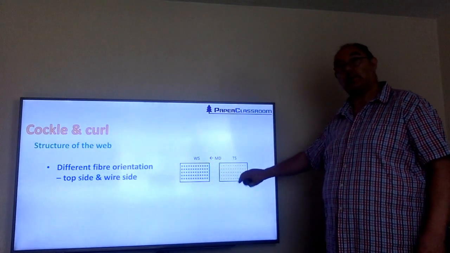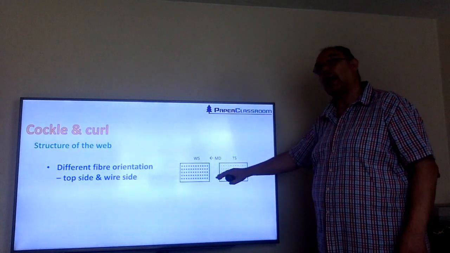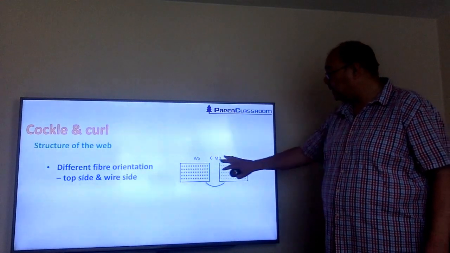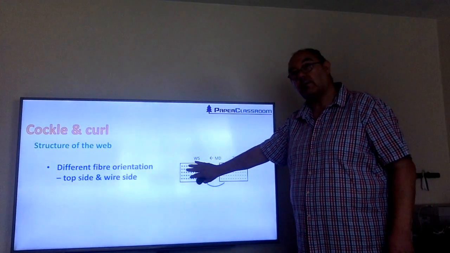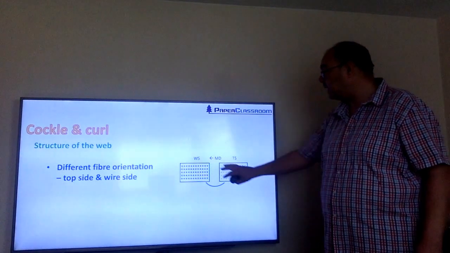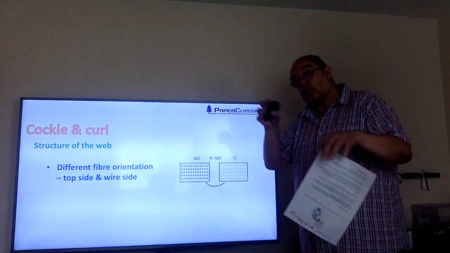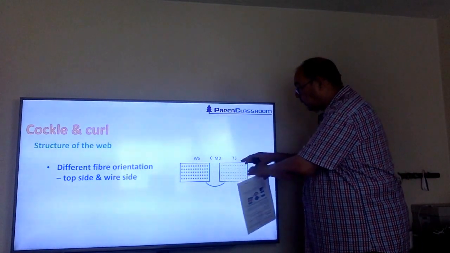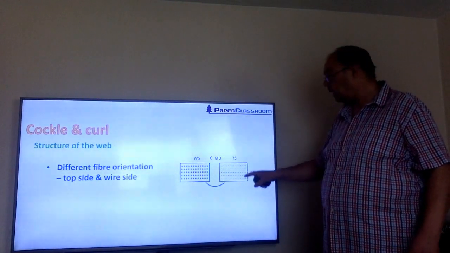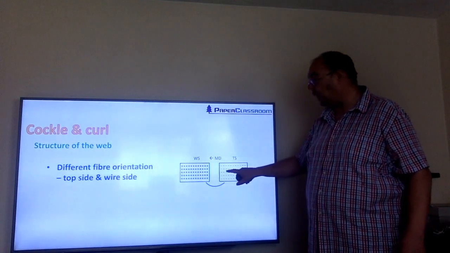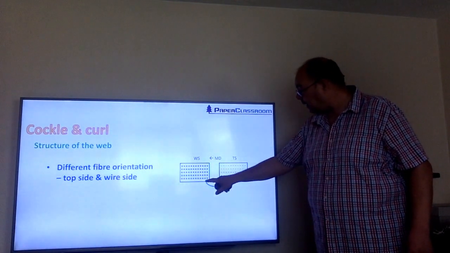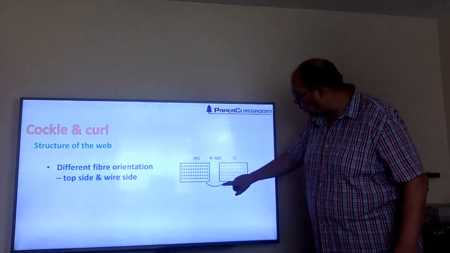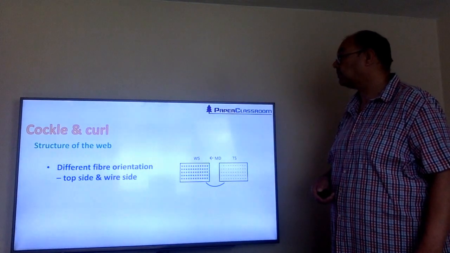On the top side of the sheet, just imagine all the fibres are aligned in the machine direction. What does that mean? That means that if you reduce the moisture content here, when these fibres shrink, they will shrink in all different directions. Here, they will all shrink in just one direction, and so the top side and wire side will shrink in different ways, and therefore the top side and wire side are now different lengths, and so you will get a curly sheet.